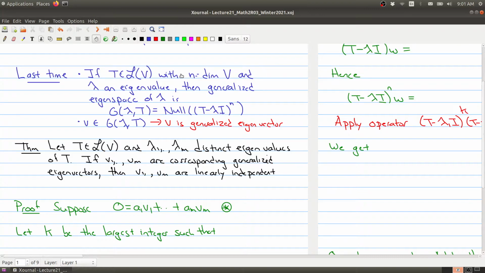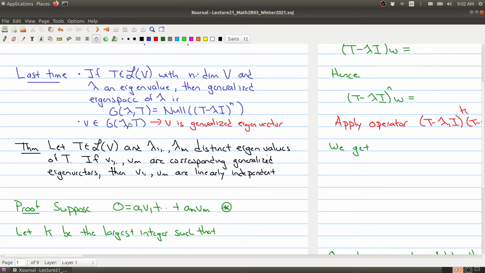So to start, let me do a quick recap of where we were last time. Remember, if we take an operator T, and n is the dimension of our vector space, and lambda is an eigenvalue, then the generalized eigenspace of lambda is the set of all vectors in the null space of (T minus lambda I) raised to the power of n.